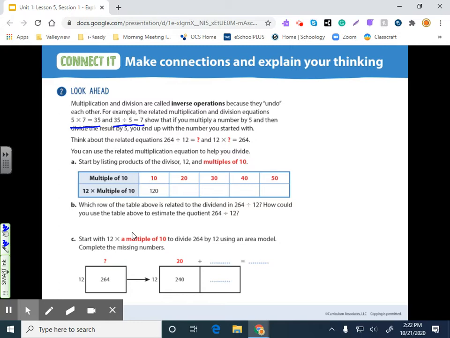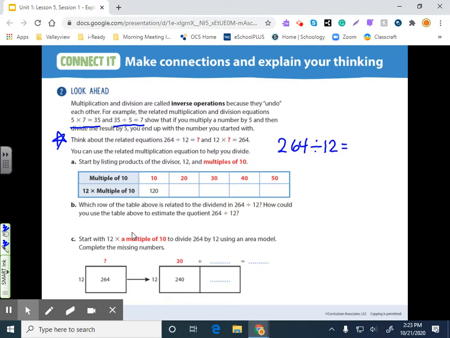So that's a little complicated to try to decipher from all that. So before I even get started, I want to use this sample question right here. It's 264 divided by 12. So over here in the space on the right, I want you to write 264 divided by 12.